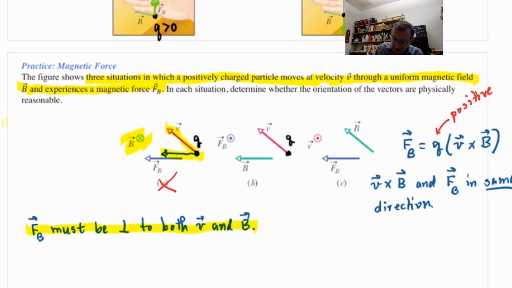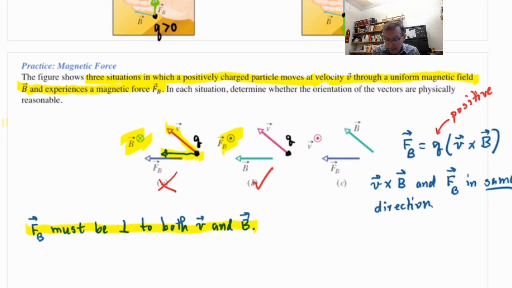All right, did you say that that one could happen? Check mark. How do I know? Well, the V is up and to the left. The B is to the left. Nothing said the V and the B have to be perpendicular to each other. And then it claims the resulting F magnetic, now that picture means that it's coming straight out of the screen towards us, like the tip of an arrow.